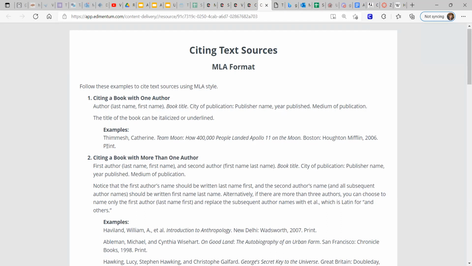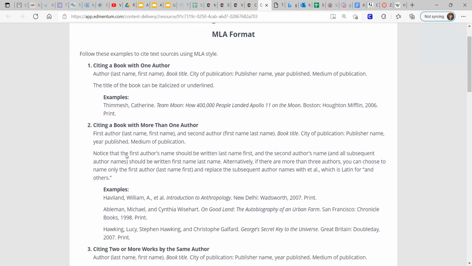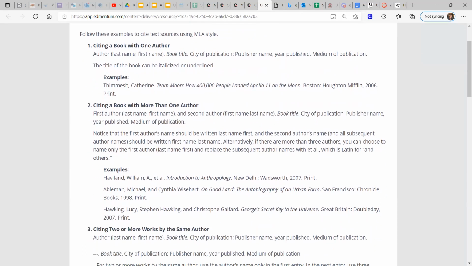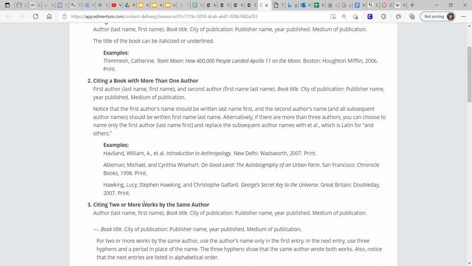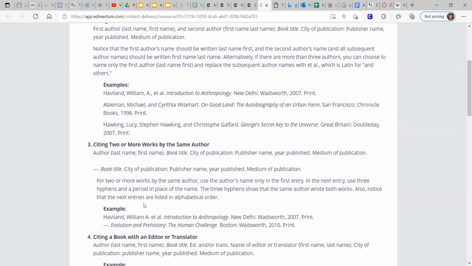And that just means, like, is it print? Is it electronic? Here are some examples. This is with one author. This is how to cite when there's more than one author. And then citing 2 or more works by the same author.